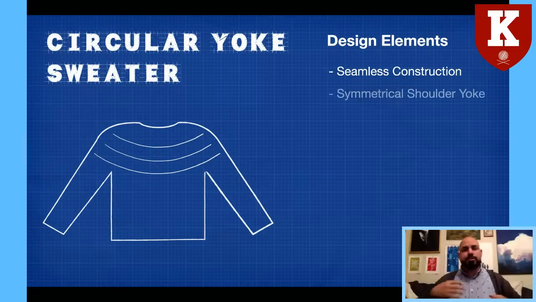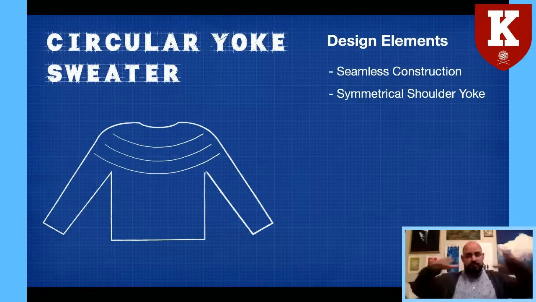And the yoke is knit basically in one big loop that's increasing evenly all the way across, all the way down. So it's almost like you're knitting a little shawl or cape over your shoulder area. And that's what gives it that really nice curved look when you're doing your design elements.